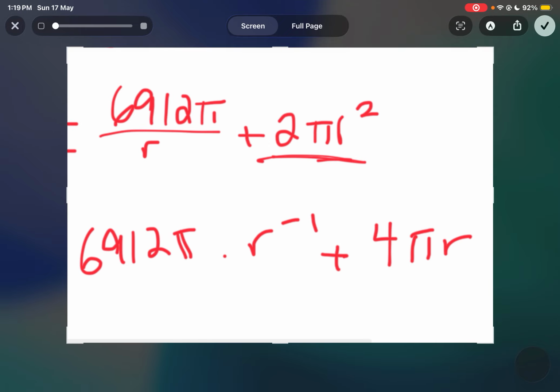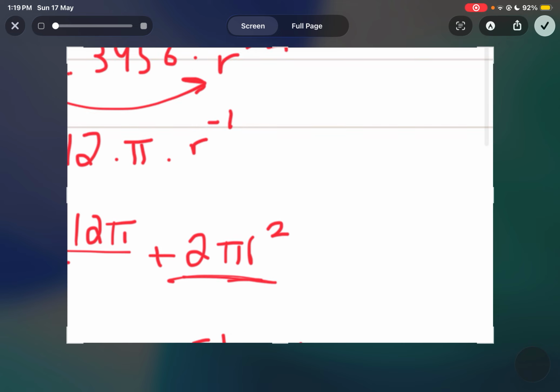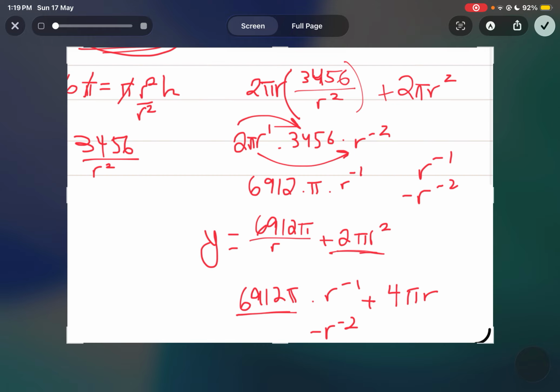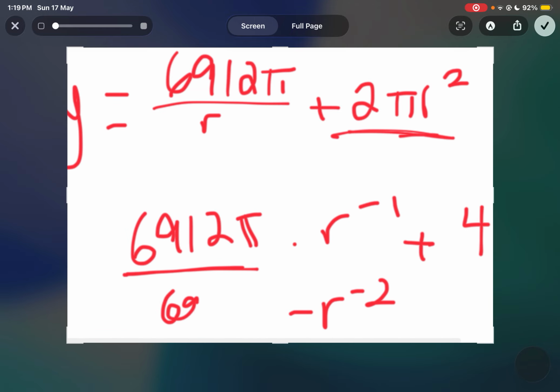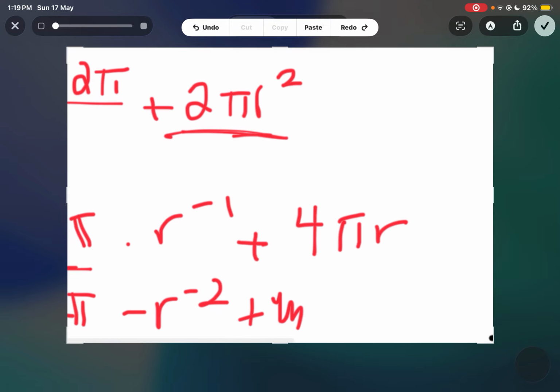Here, how do you do the derivative? This is a constant, okay? The derivative will become minus r to the negative 2. Why? Because r to the negative 1, you move the negative 1 down, then you subtract 1, so negative 2, okay? And then 6912 pi plus 4 pi r.